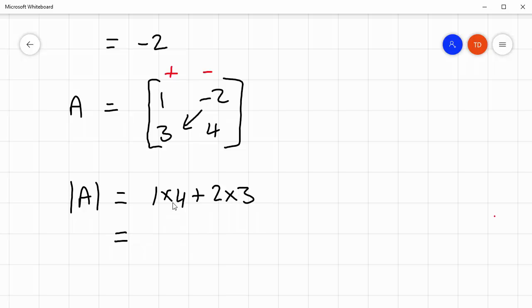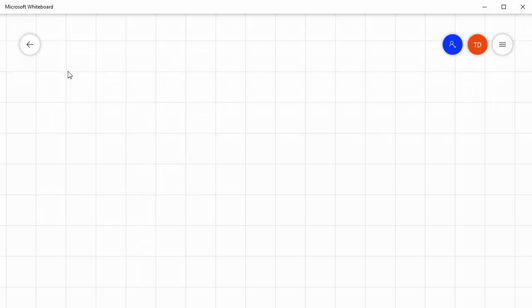So this time 1 times 4 is 4, 2 times 3 is 6, 4 plus 6 is 10. So in this case, because that was already -2, the minus times the minus means that instead of the determinant being -2, the determinant is now 10.